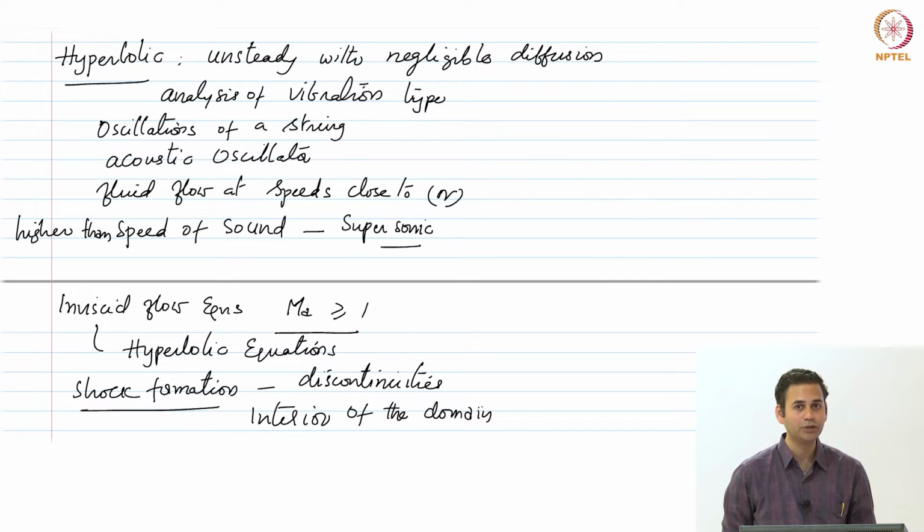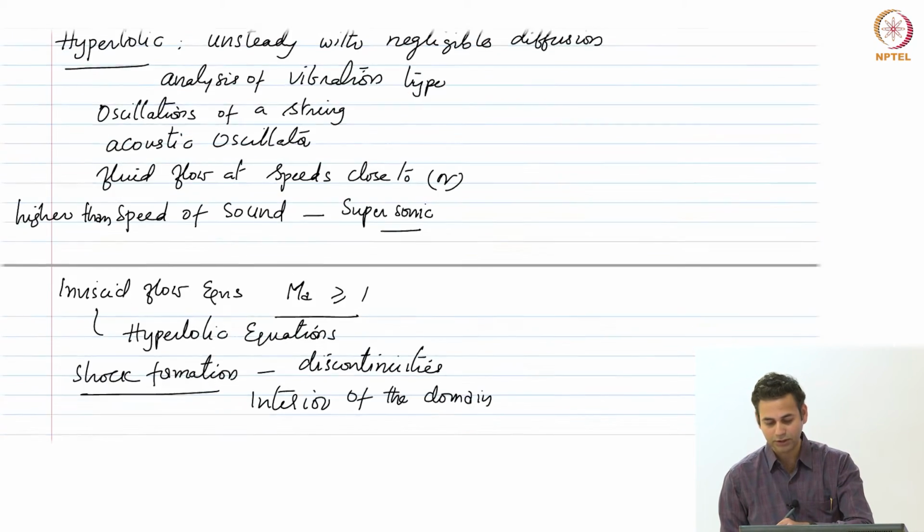Now, these discontinuities need to be also captured by your schemes, in the interior of the domain. As a result, it is good to classify the problem before we solve for it, using the particular computational schemes, okay.